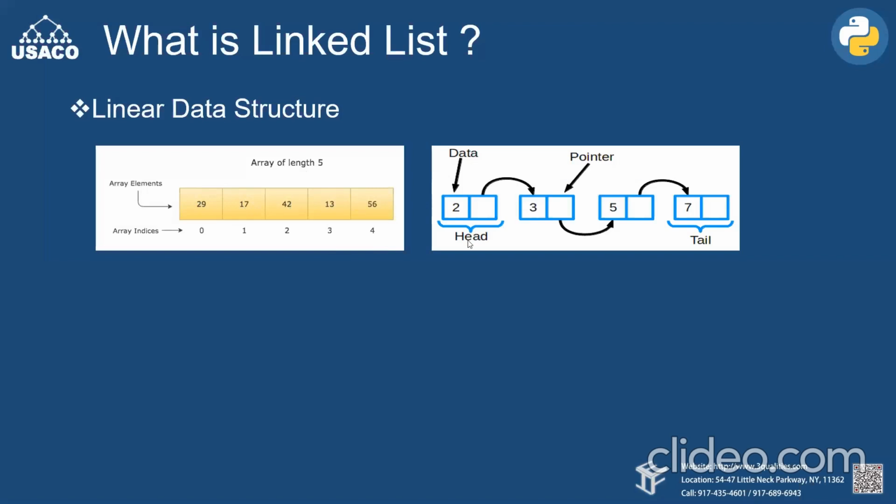But the linked list, they may not be in a continuous location in the memory, but they are linking with each other using a pointer. You see the point here? Every item in the linked list has a value. For example, the first one, the value is 2.